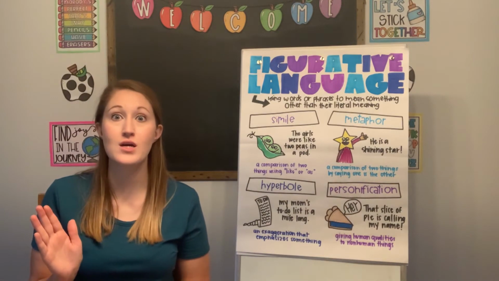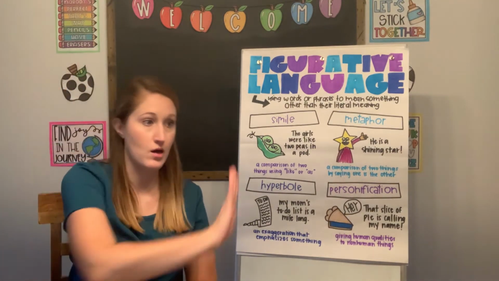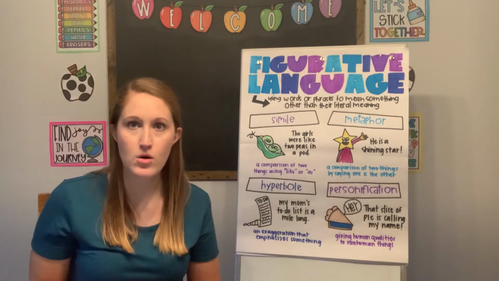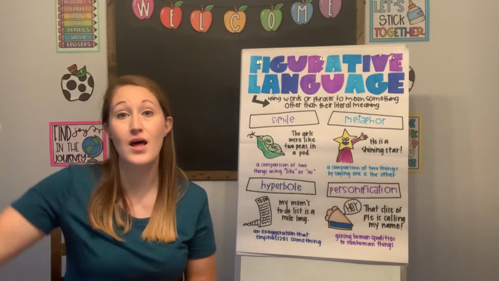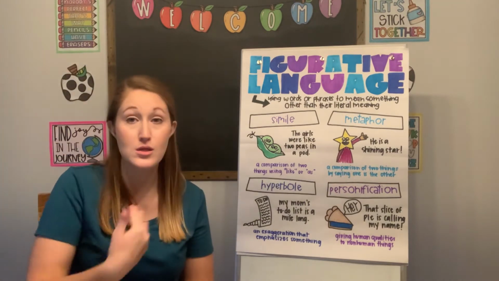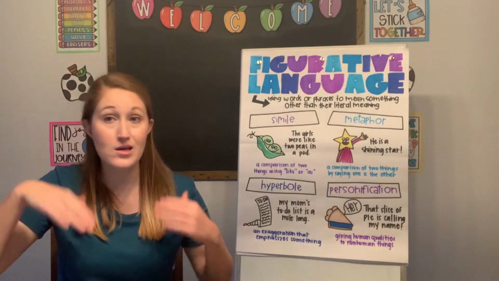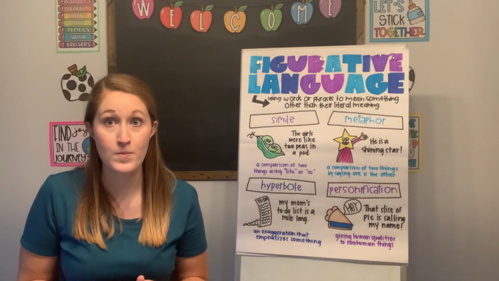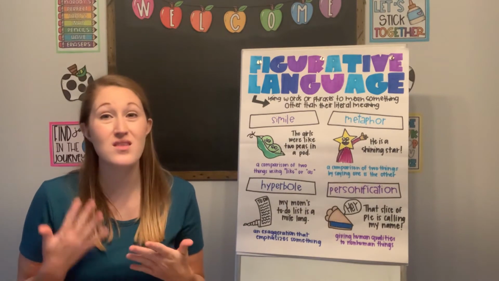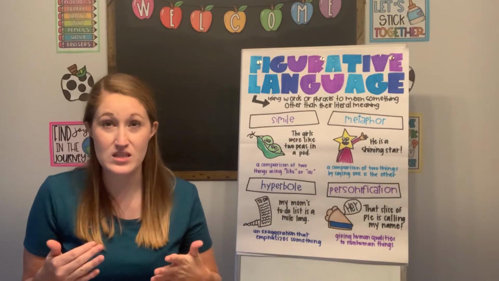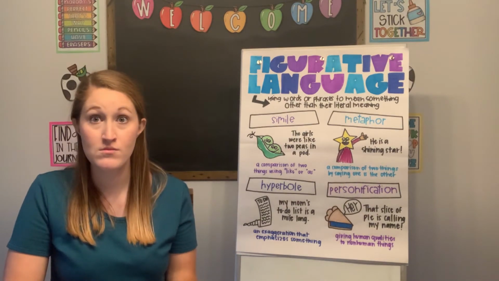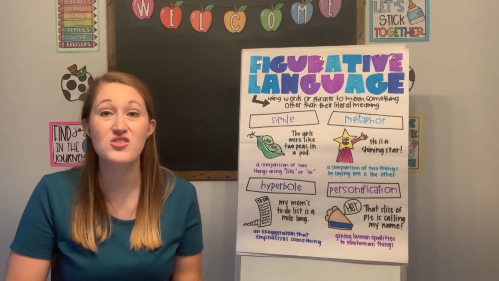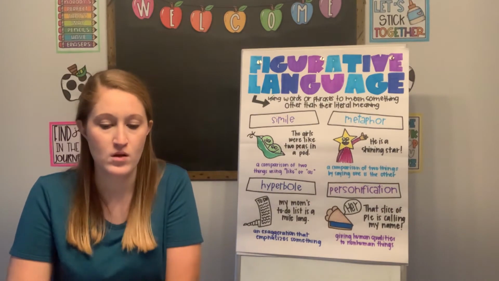Roller coasters have this up and down, they do loops, crazy motions, right? So if your life is like a roller coaster, it means it's got a lot of ups and downs and twists and turns. A lot of things are going on. We might be saying somebody's life is a little hectic or a little crazy, not a bad thing. Just that there's a lot of changes going on in their life.